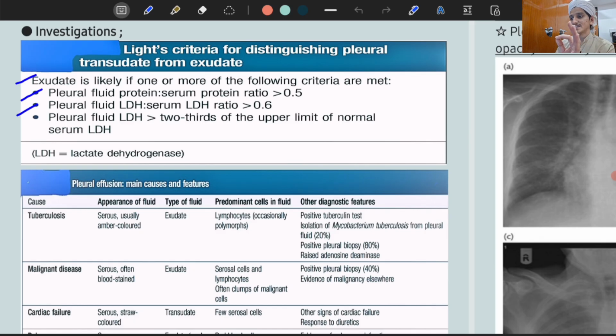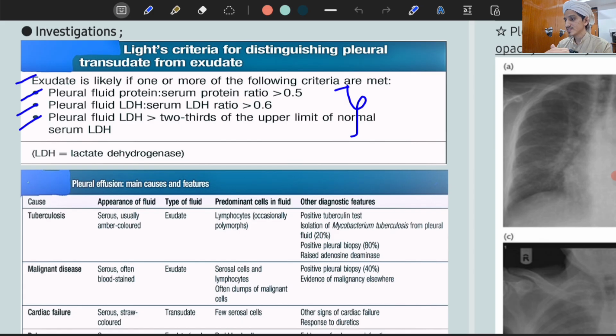Pleural fluid LDH to serum LDH ratio more than 0.6, or PF LDH more than 2/3 of the upper limit of normal serum LDH. So if any one of these criteria is met, then it is likely exudative pleural effusion. Protein and LDH levels are measured in serum and pleural fluid, and according to that you differentiate into exudate or transudate.